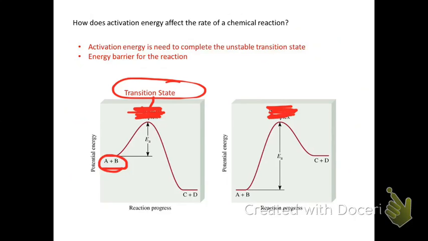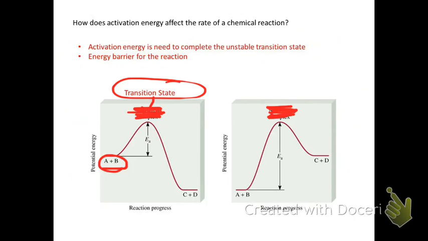Now, if they do so, then those collisions also have to have enough energy. Okay? Again, that energy is called the activation energy. That energy of activation is needed in order to get those reactant molecules to the transition state.